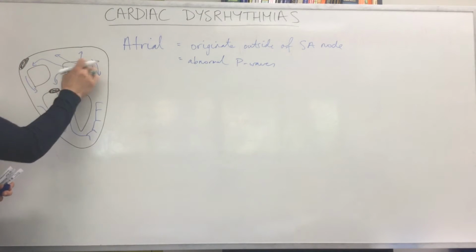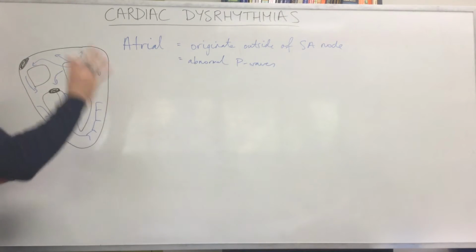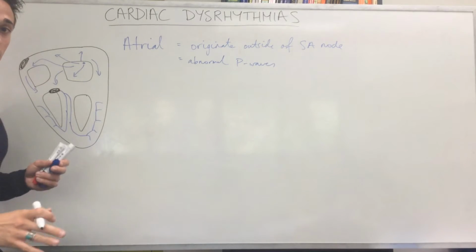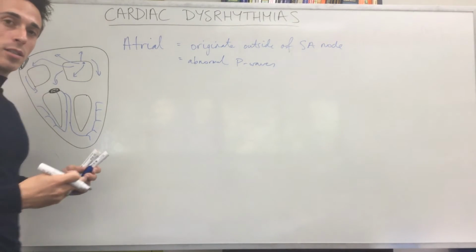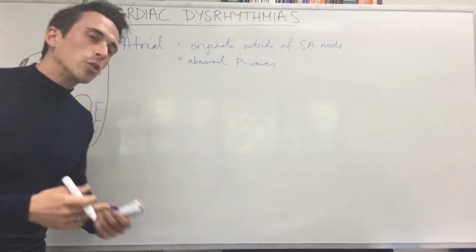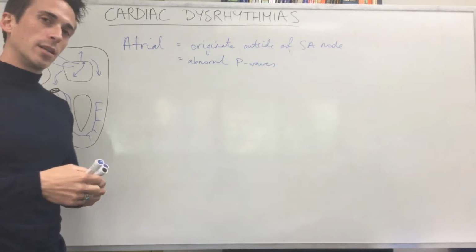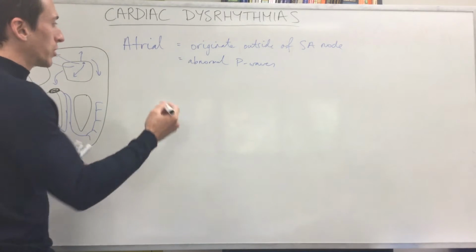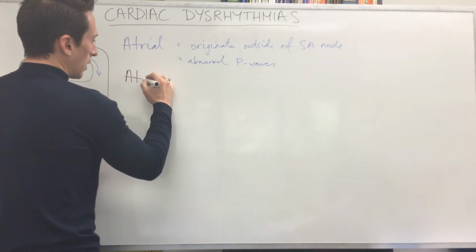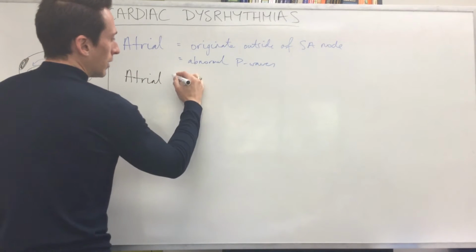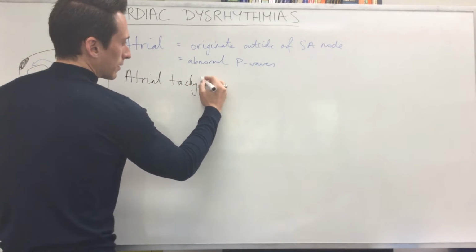Now because it's originating at some different points, with atrial dysrhythmias, they're usually recognized as those which are greater than 100 beats per minute. So what does that tell you? It means that atrial dysrhythmias are usually atrial tachycardias.